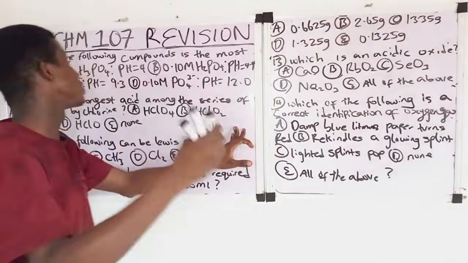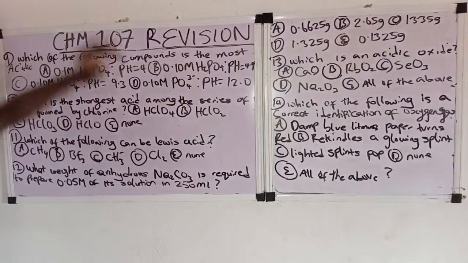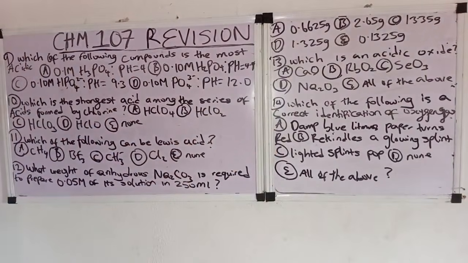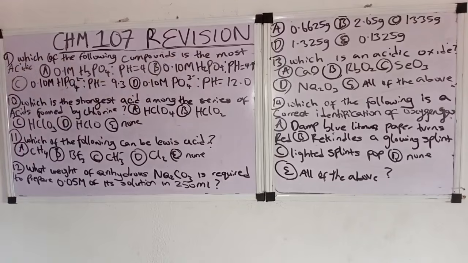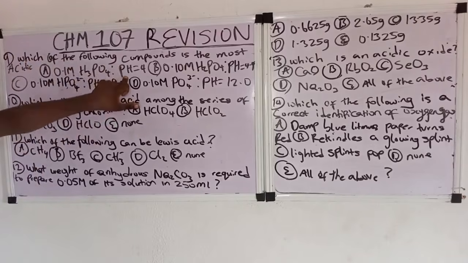So let's continue with the next few questions, which are question 9 to question 14. In question 9 they said, which of the following compounds is the most acidic? A, 0.1 molar solution of H3PO4 acid. The pH of this acid is 4.